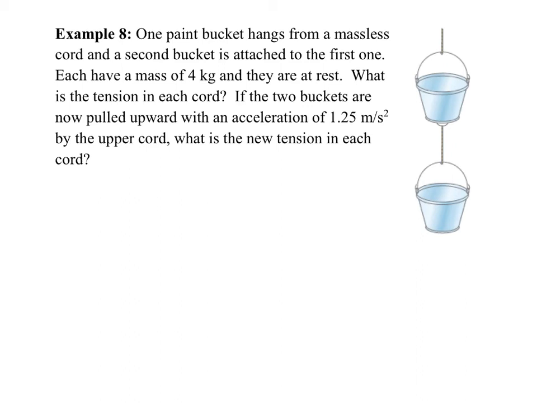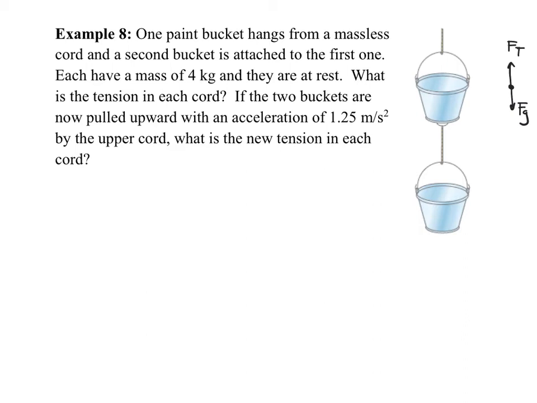So let's draw a free body diagram of the objects. Here's bucket 1. There's tension pulling up. What else is acting on object 1 here? Gravity for sure. And what else? The mass of the second object, which is transmitted through the rope, right?